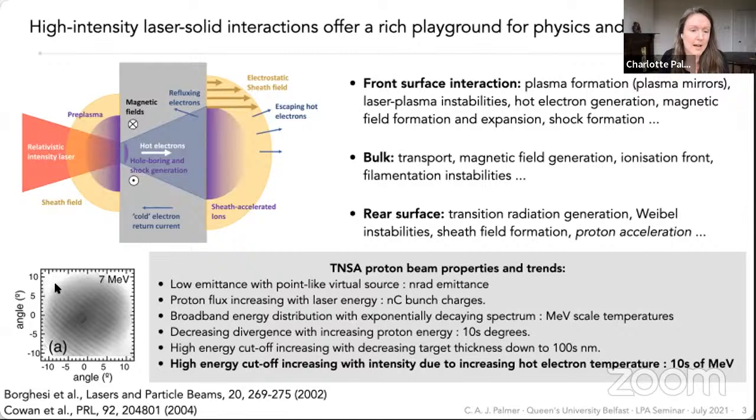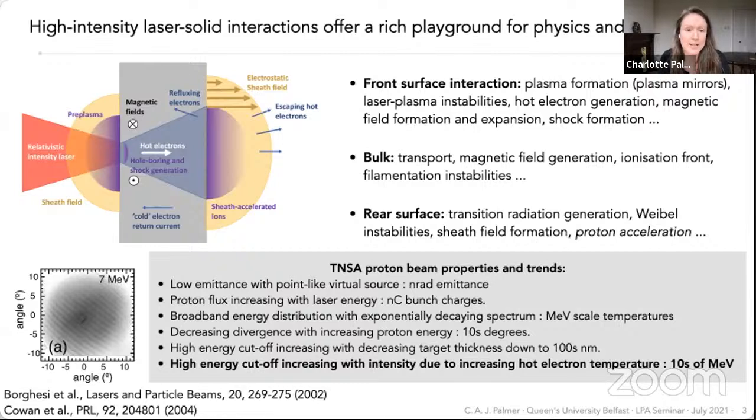So the dark gray is higher flux, and you can see it's dropping very sharply at the edge. They also have a very low emittance and a small virtual point source, which makes them very good for imaging or imprinting the sheath characteristics or the surface characteristics onto the beam. And you can again see in this image examples of lines that have been imprinted on the proton flux.